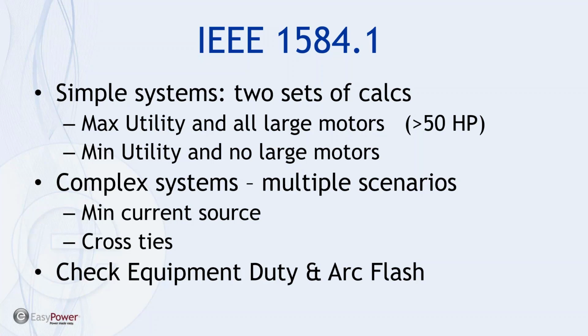And the inference is to use max utility fault current in all large motors, which presumably would give you the worst case equipment duty, and then potentially minimum utility in no large motors, which potentially could give you the worst case arc flash. Now, this is a general rule of thumb. It doesn't apply to all systems, but it's a way to segregate what you're looking at and what your focus is when you're going through this process.